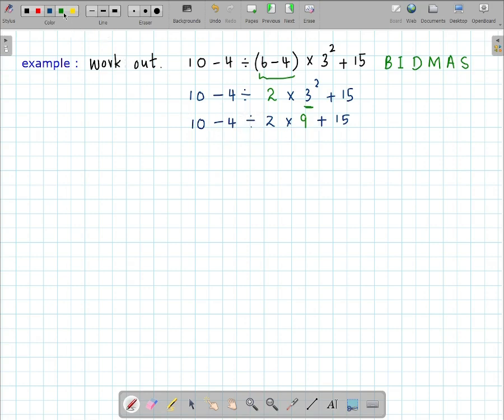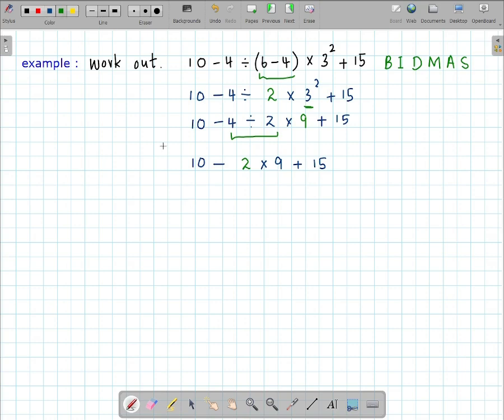So we have to do that. That means this. So I write 10 subtract, then 4 divided by 2, that is 2, multiply 9, add 15.